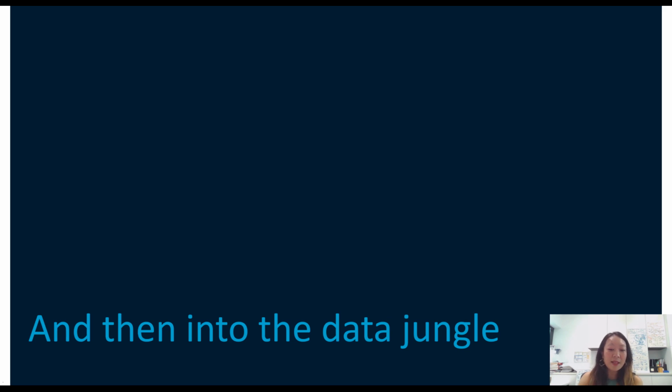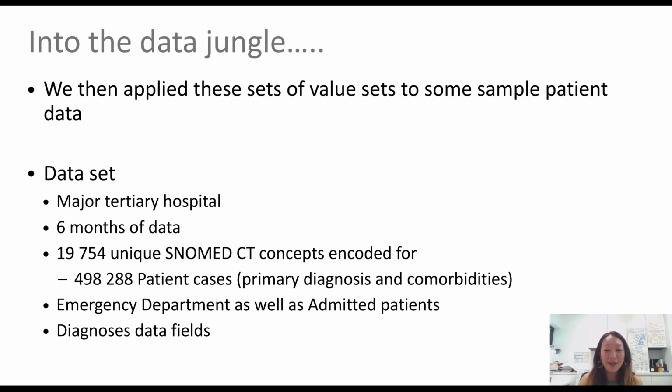So once you've spent the time understanding SNOMED, understanding your user requirements, understanding the clinical information system, it's time to go into the data jungle. So we took those sets from the Trauma Institute and tried to apply them to some patient data. We had a sample patient data set from a major tertiary hospital, which contained approximately 6 months of data.